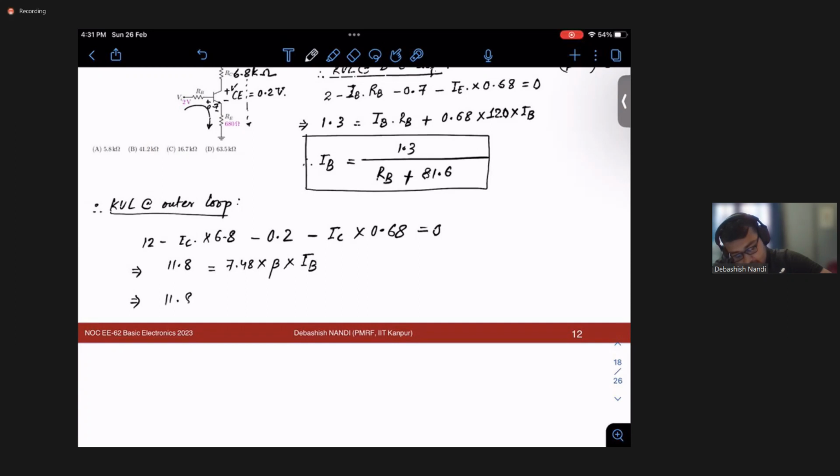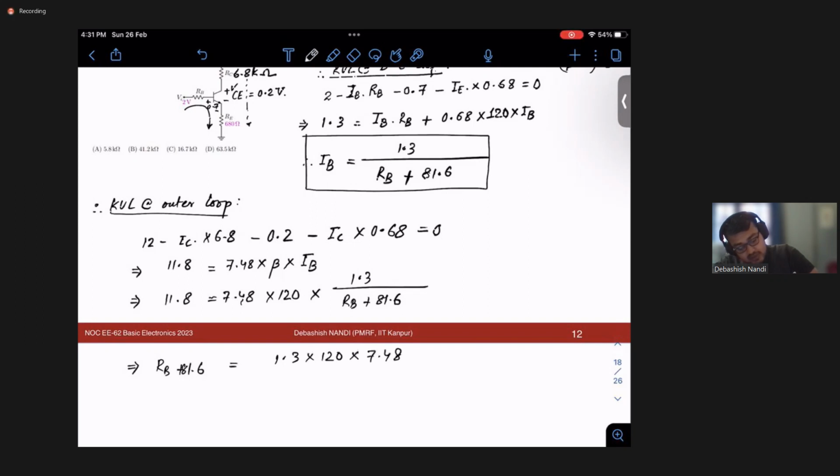That means 11.8 equal to 7.48 into 120 into 1.3 by RB plus 81.6. So your RB plus 81.6 is equal to 1.3 times 120 times 7.48 by 11.8.